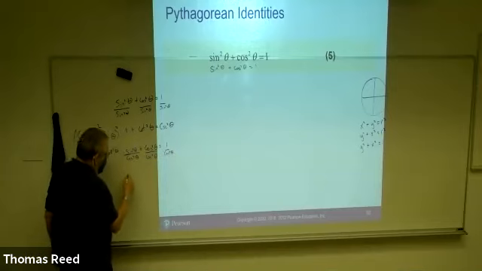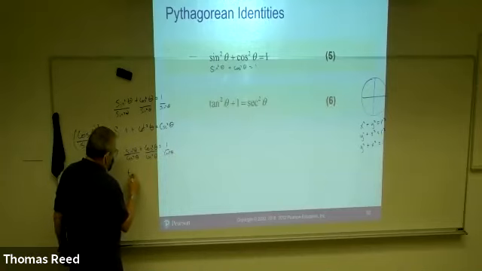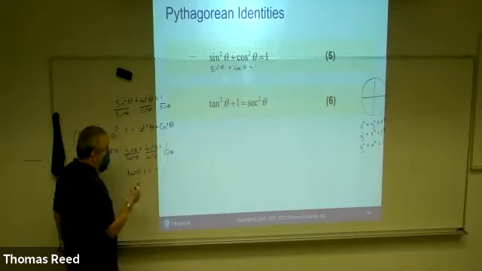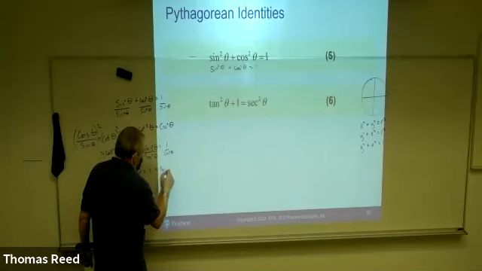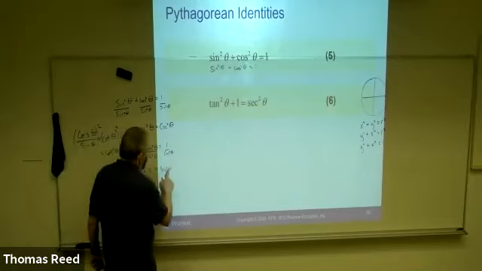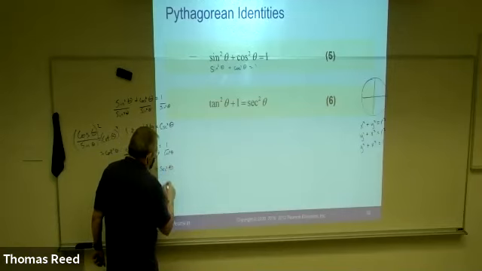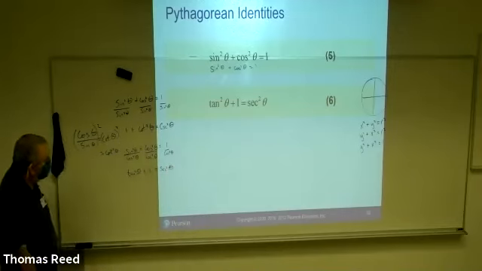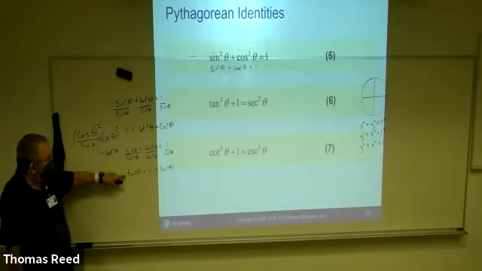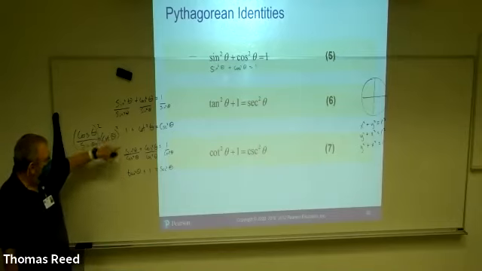And sine over cosine is tangent, so we get tangent squared. Cosine over cosine is 1. And then 1 over cosine is secant, so that's going to be secant squared. That's a funny looking theta. And then I got number 6 second, and number 7 first. Okay.